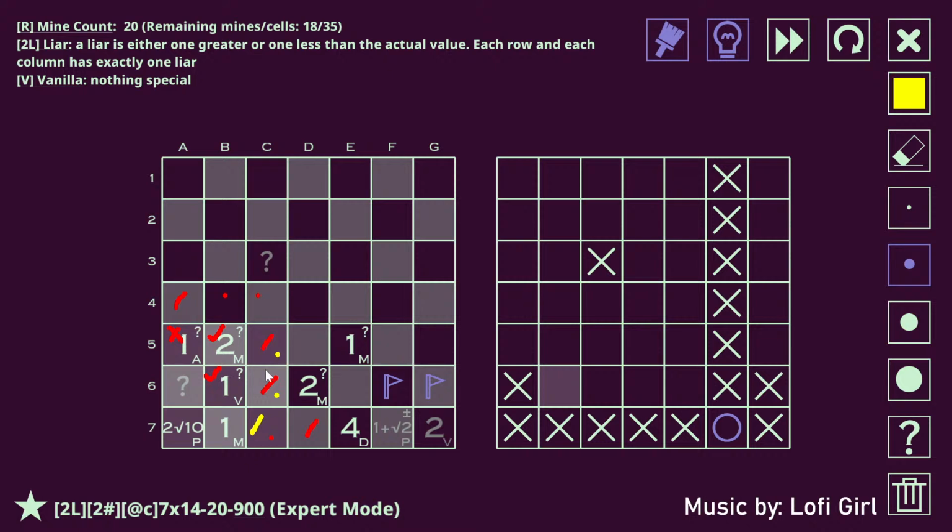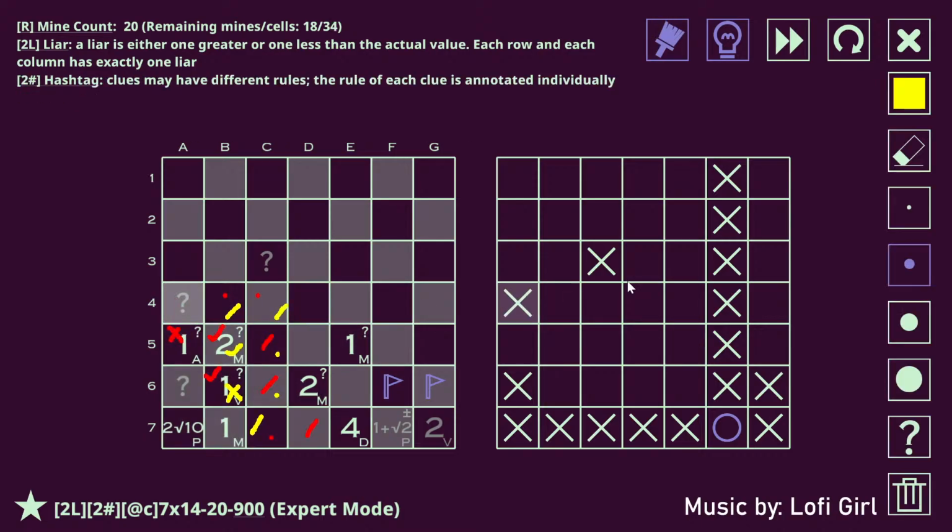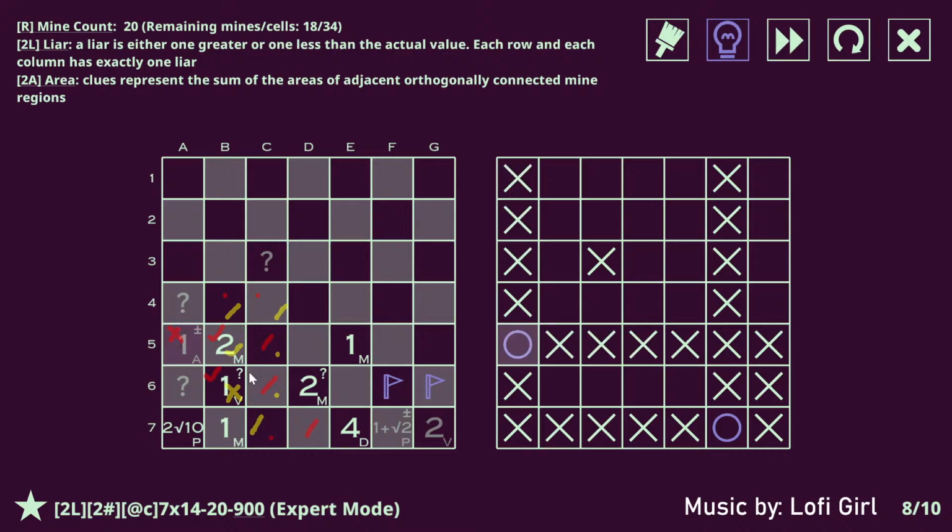In the yellow case, however, this 1 is actually lying, so this 2 is truthful. So this 2 is either now a 2 or a 5. I'm pretty sure it must be a 2, because if it happened to be a 5, then this 1a is clearly just completely wrong. So that gives us this, which gives us another commonality. That is gonna tell us that this is a liar.